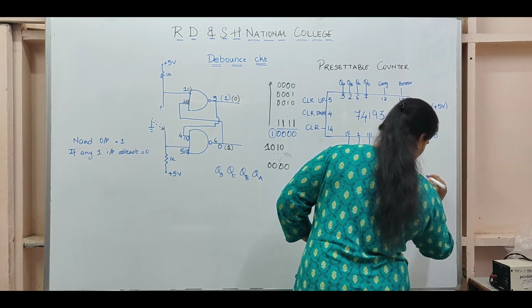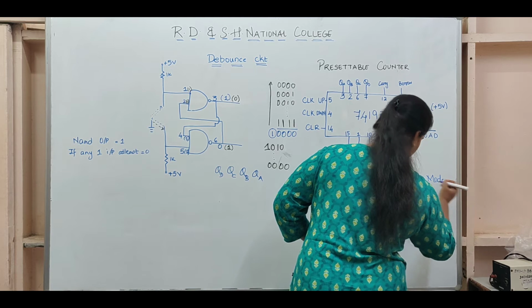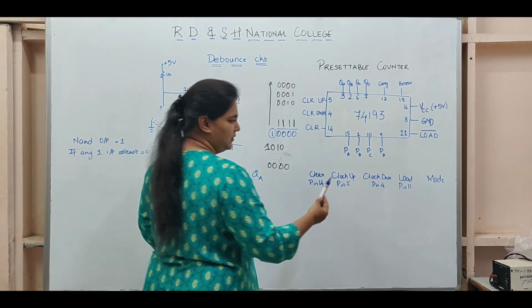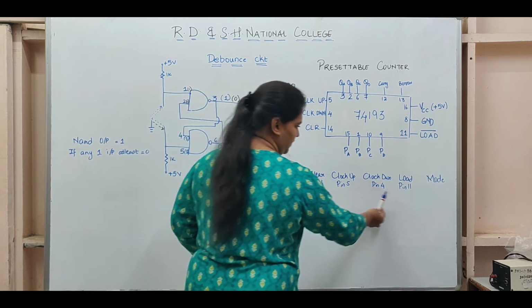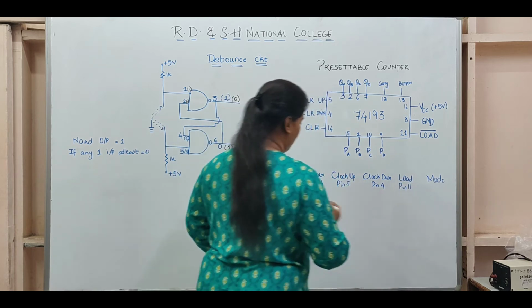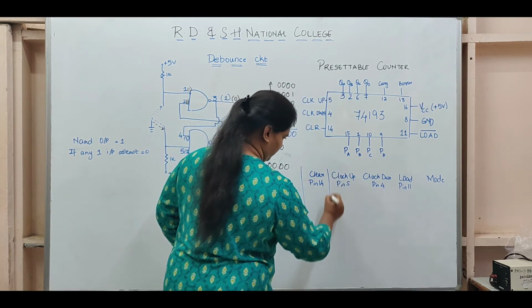Here we'll write down what happens in each of these scenarios. I will choose 4 values for each of these pins, and whenever we give those values, we are going to check what happens to the mode.